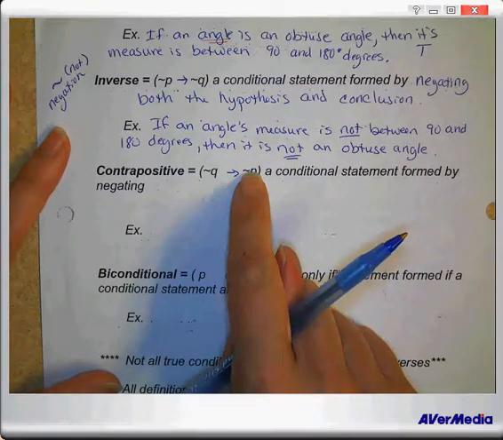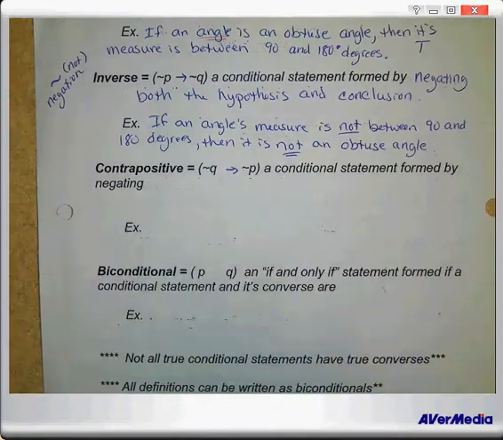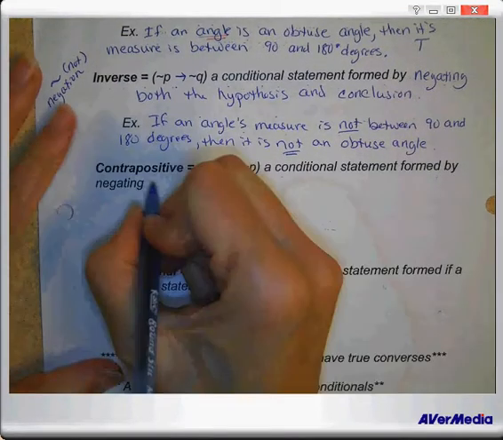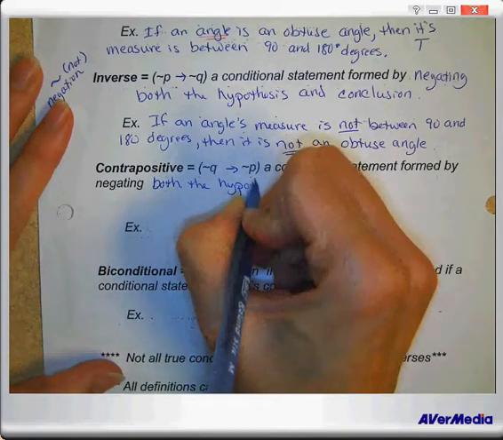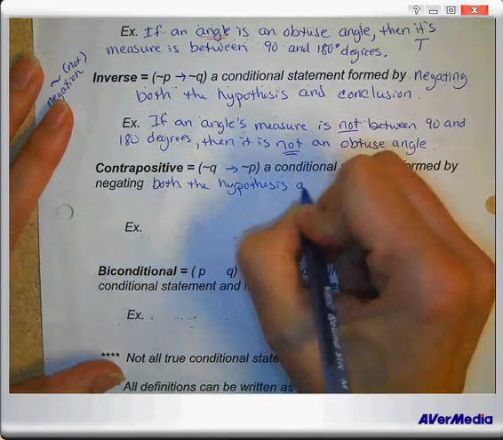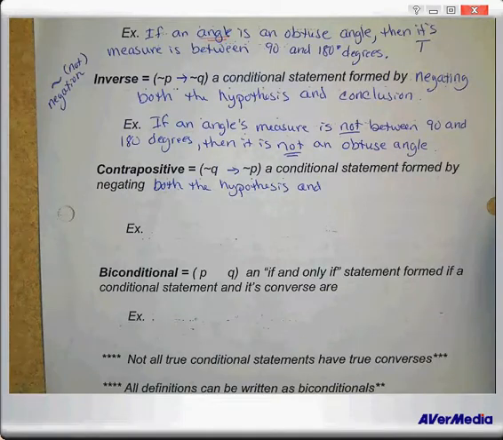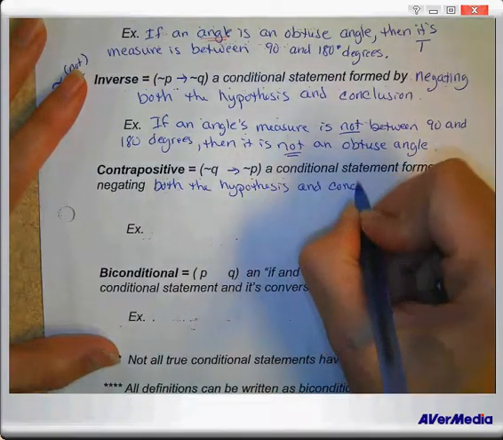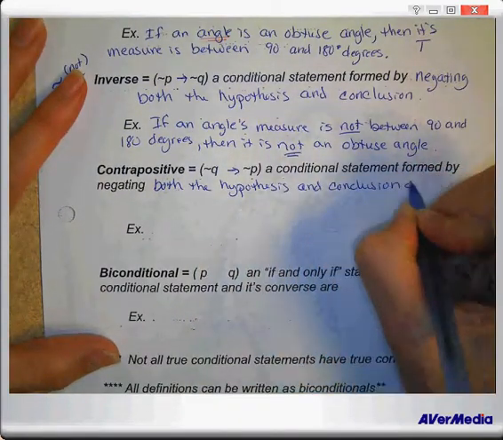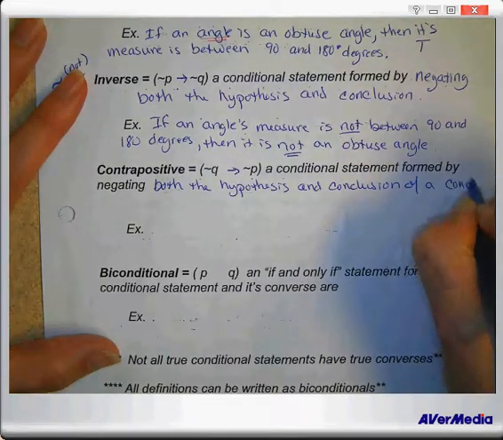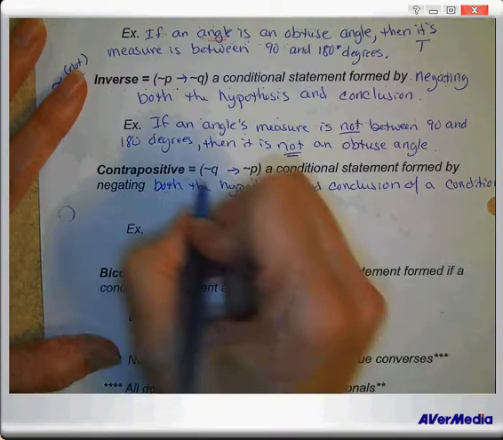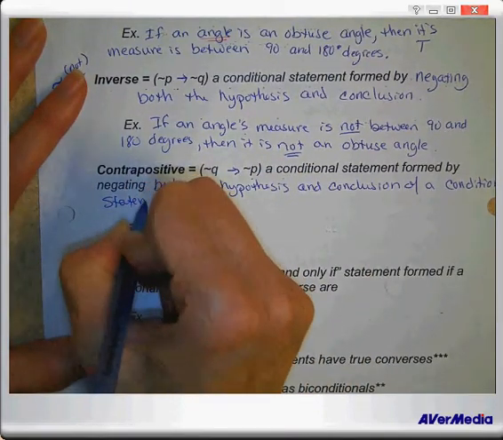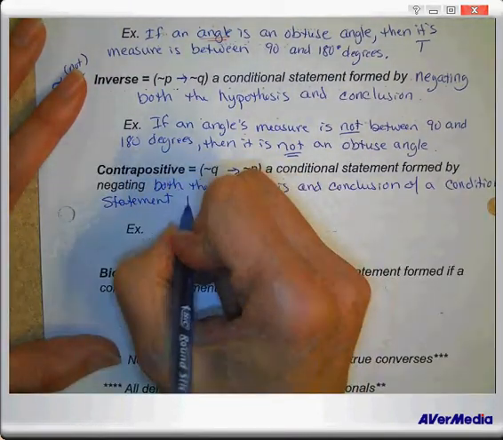So in this case, we have a conditional statement formed by negating both the hypothesis and conclusion of a conditional statement, then switching them.